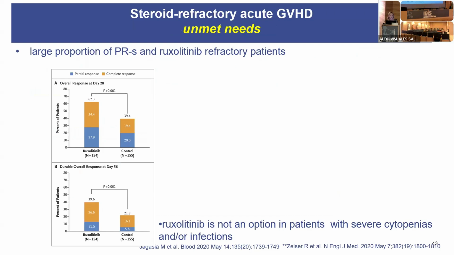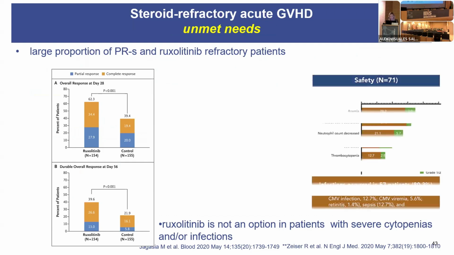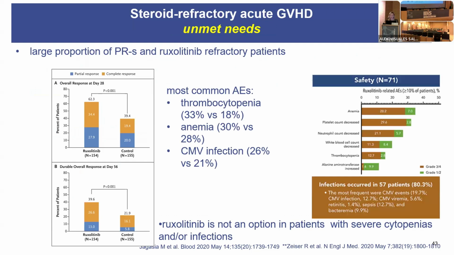What is the problem with ruxolitinib? Well, one problem is that most of these patients still have partial response. That's a problem because, of course, we want patients to get rid of the treatments and not to have to add on something else. And the other problem is the most common adverse events, which are cytopenias and higher rates of infections.